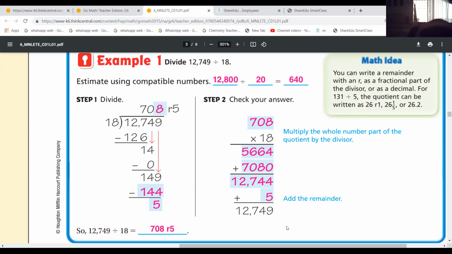Whatever answer you get, for example, here I got 12,744. I add 5 to it. Why 5? Because the remainder is 5. And then if I get the same dividend, my answer was correct.